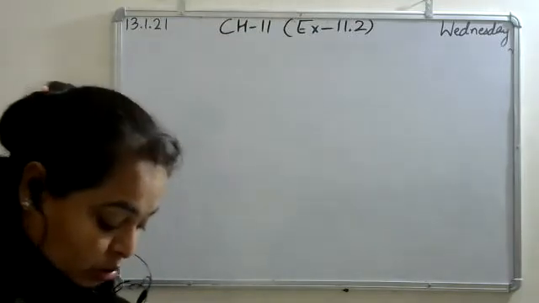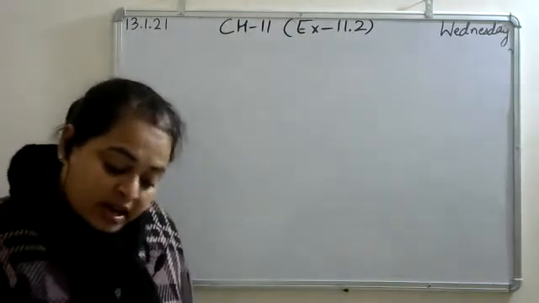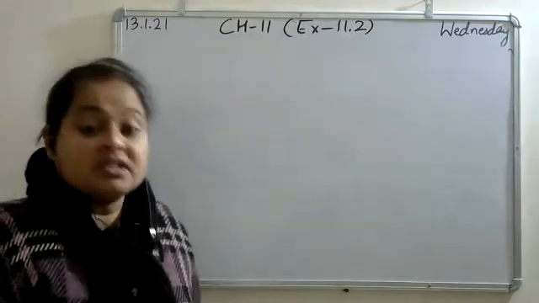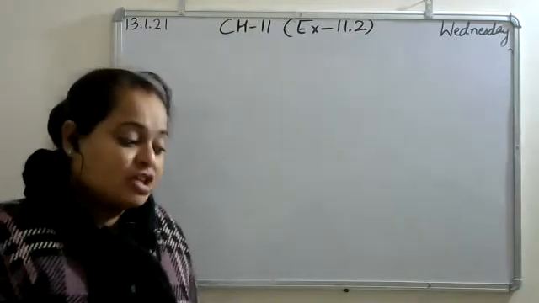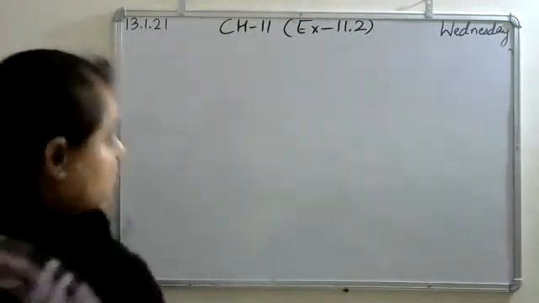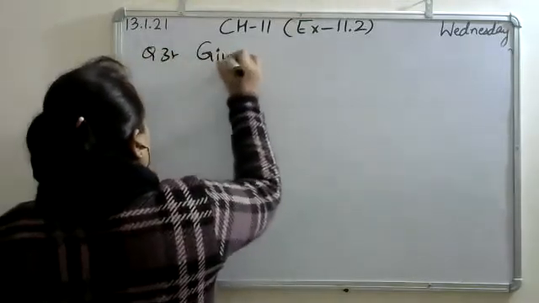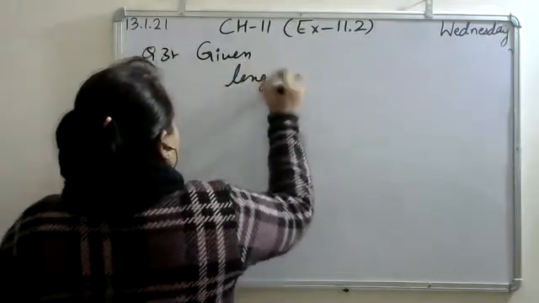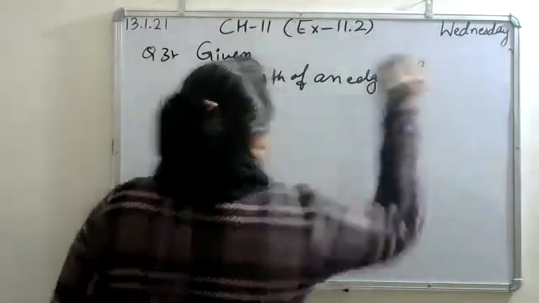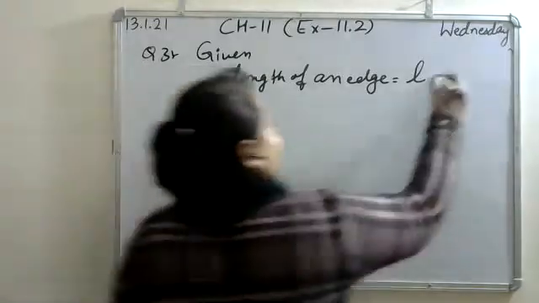Now come to the third question. A cube is a three-dimensional figure as shown in the figure. It has 6 faces, and all the faces are identical and in the shape of a square. The length of an edge of a cube is L. What is given in question number three? Edge, the length of an edge, L. Again L means L units.